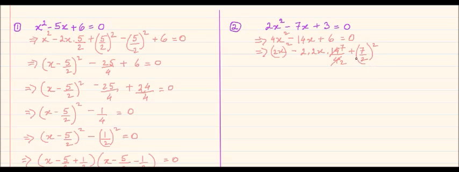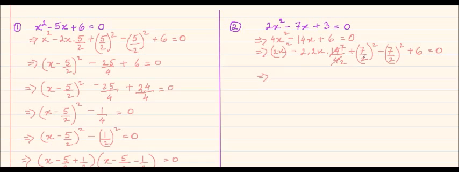And since we are adding a (7/2)² in the equation, we have to subtract it as well. So it is minus (7/2)² plus 6 is equal to 0. And now we are having these three terms.